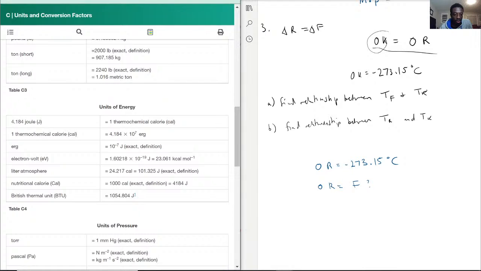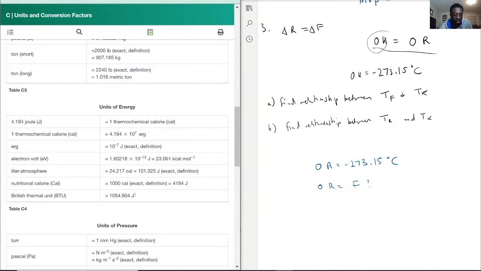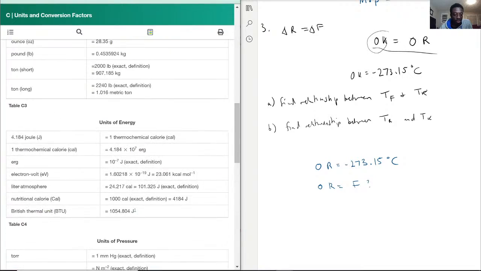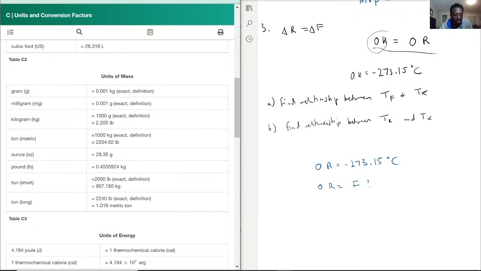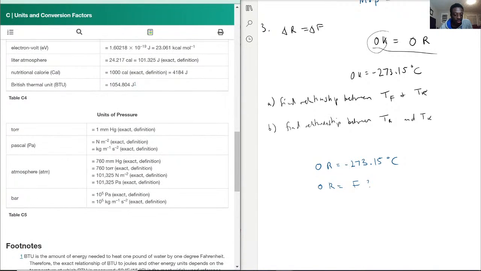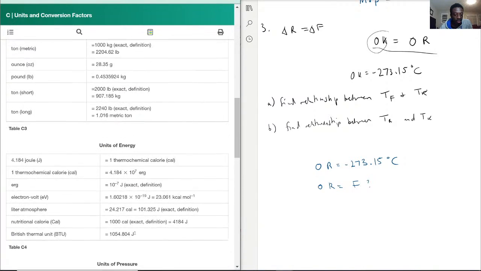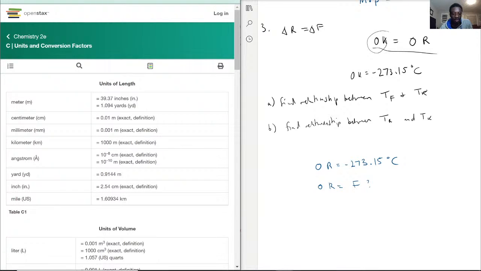So I think it's one of these that I keep my constants. Units of energy, units of pressure, grams. Oh, this is unfortunate. Well, nonetheless, I will keep this page.